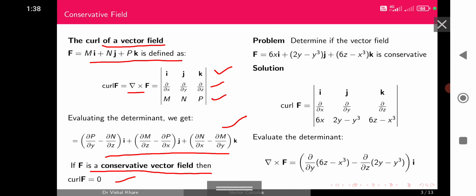So we'll see one example. Determine if the vector field F = 6x i + (2y - y^3) j + (6z - x^3) k is conservative or not.